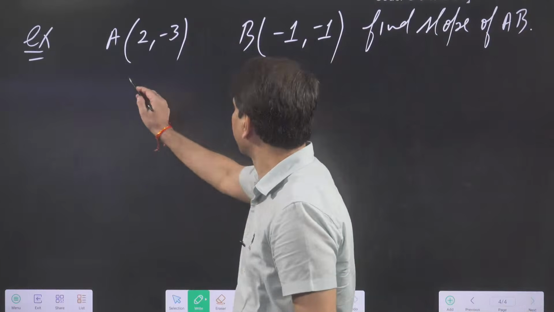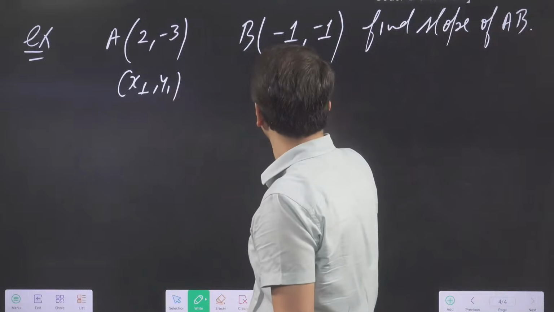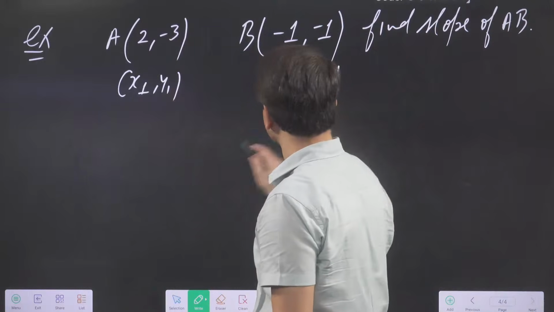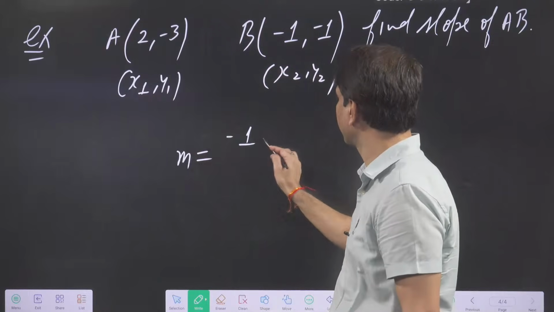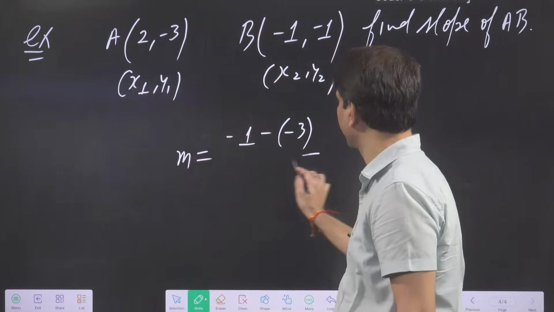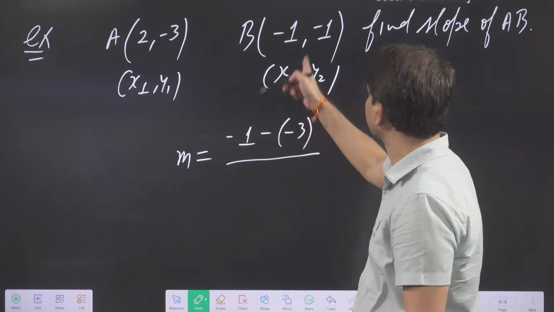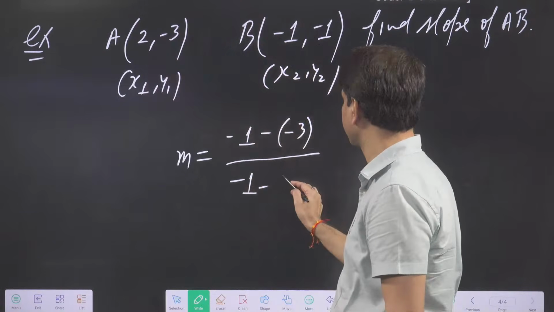How can we find it? Suppose I am taking this as x1 comma y1 and this as x2 comma y2. Then slope, what can I say? y2 minus y1, it means minus 1 minus of minus 3, upon x2 minus x1, where x2 is minus 1, so minus 1 minus 2.